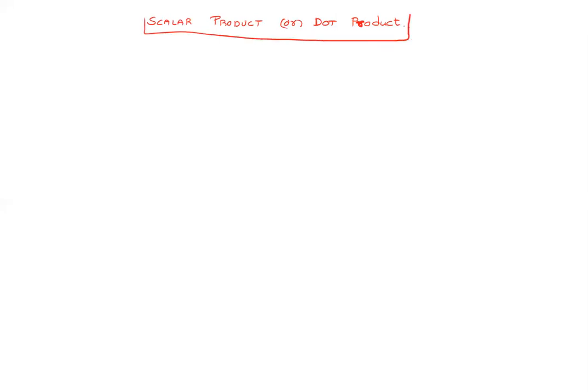First of all, when magnitudes are known and angle theta is known, you can directly write a bar dot b bar is equal to mod a mod b cos theta.